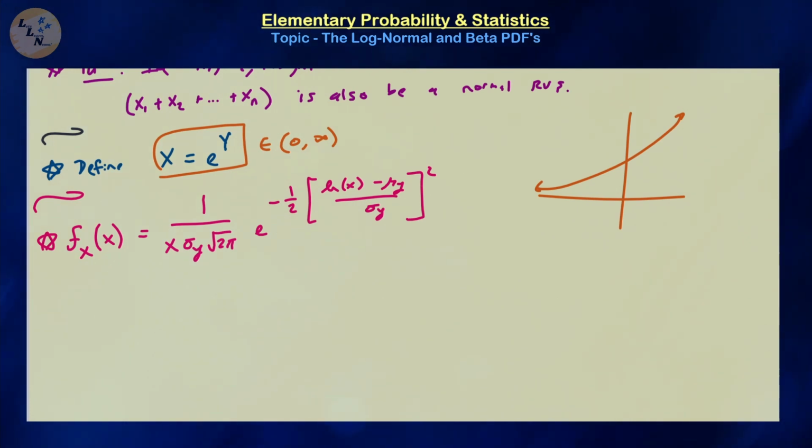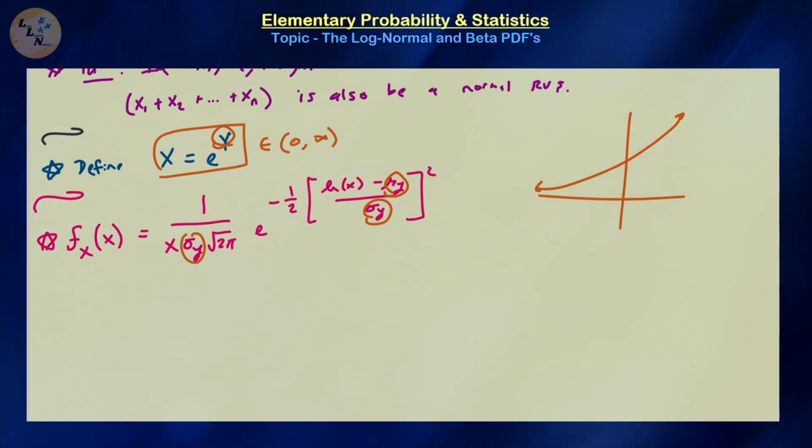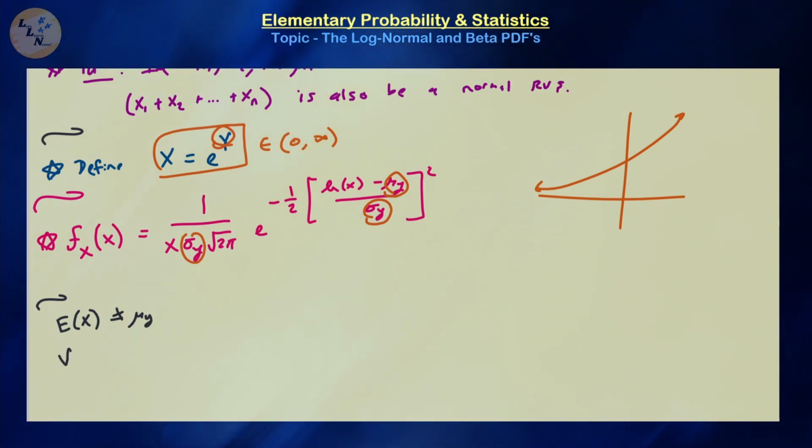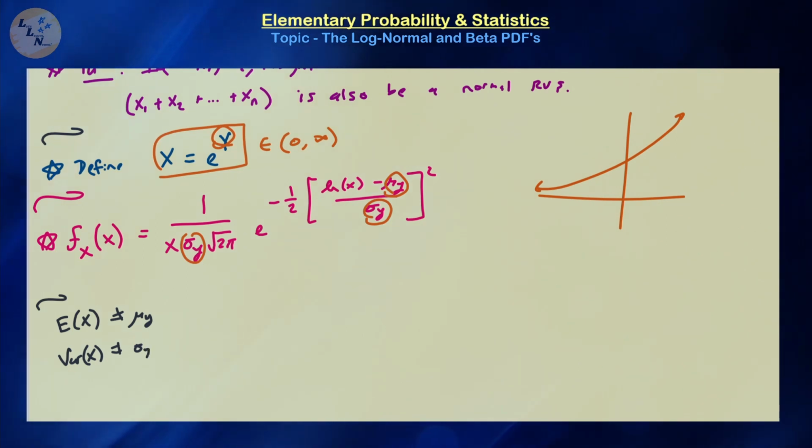It's very important to note that mu y and sigma y refer to the variable that we have exponentiated. Therefore, the expected value of this new variable x is not equal to mu y, and the variance of this random variable x is not equal to sigma squared y. They're going to be equal to something else.